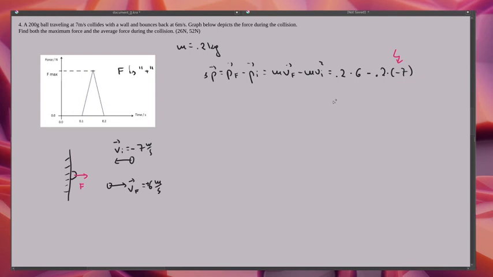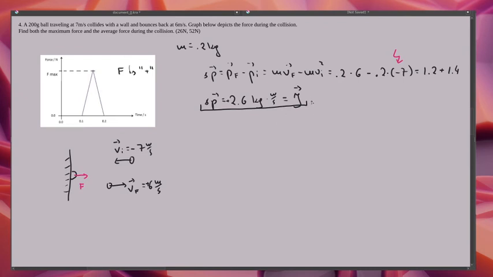So what I get here is that the change of momentum equals 1.2 plus 1.4, that gives us 2.6, positive 2.6, and this would be kilograms times meters per second. And now that's of course also J, right? Because by definition, J is change of momentum. So I have that.